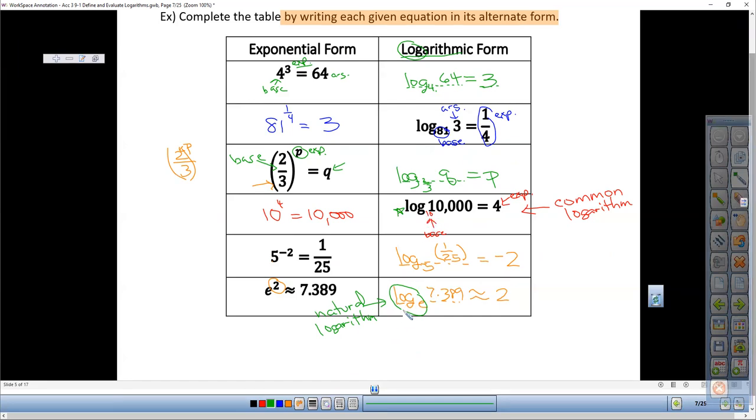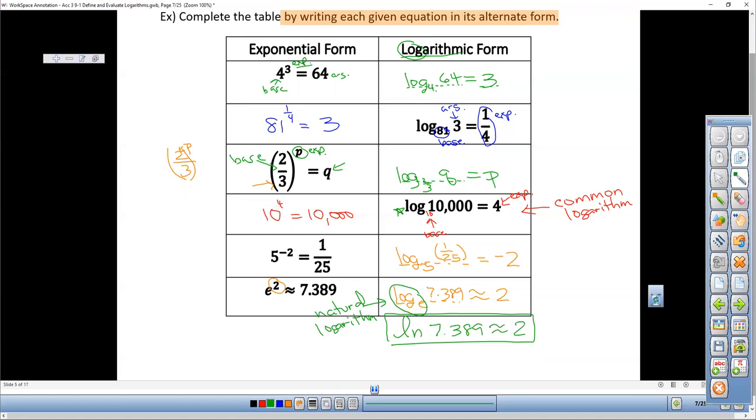Well, the natural logarithm gets its own special notation, ln. So we don't see the base of e, but we can differentiate between this one and the common logarithm by the fact that the common logarithm uses log and the natural logarithm, base e, uses ln, followed by the argument 7.389, which is about equal to the exponent of 2. So this is the proper way to write a base e logarithm.